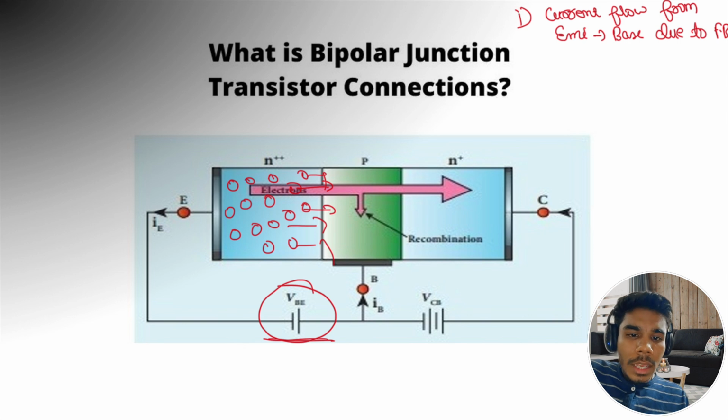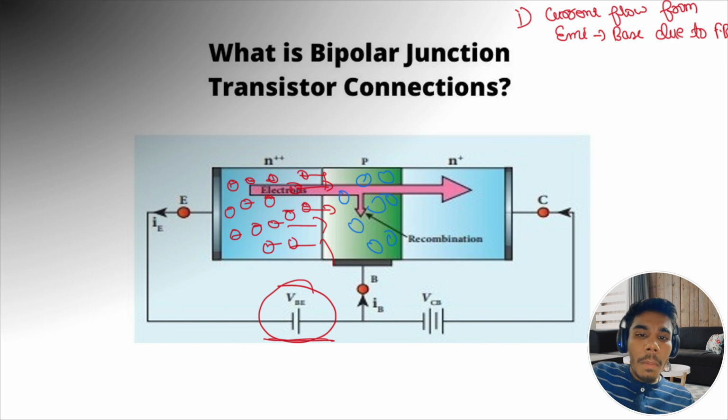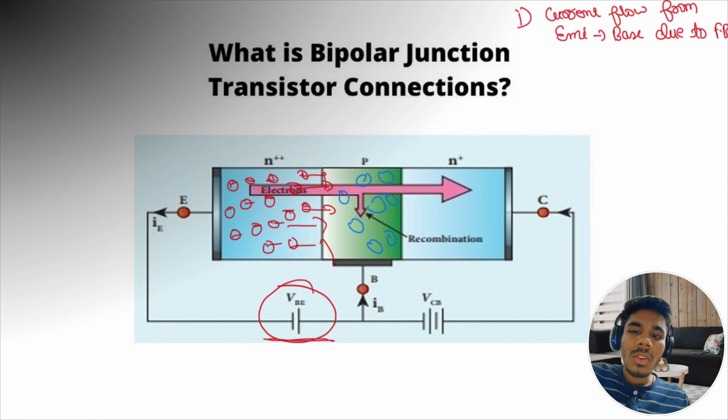As we know, the amount of carriers present in the base region is less as compared to the emitter region. The electrons are flowing from the emitter to the base region, and there are holes present in the base region. So the electrons will recombine with the holes. But some electrons are left after the recombination, because the number of electrons is very large as compared to holes, as we studied earlier.